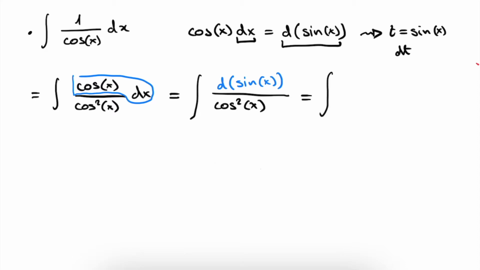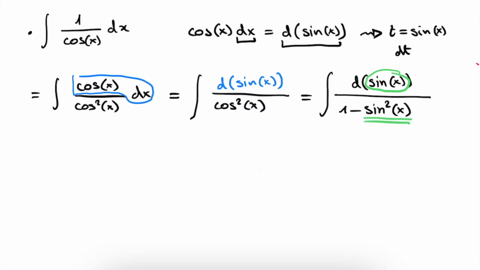So we get the integral of d of the sine of x, so our differential, divided by 1 minus the sine squared of x. And at this point, we are where we want to be, because in the differential of our integral, we have the sine of x, and the function inside our integral itself also is a function of the sine of x, in this case, the sine squared of x.